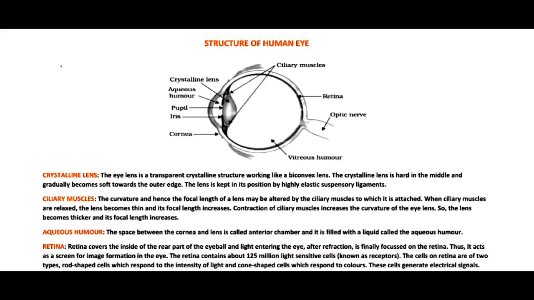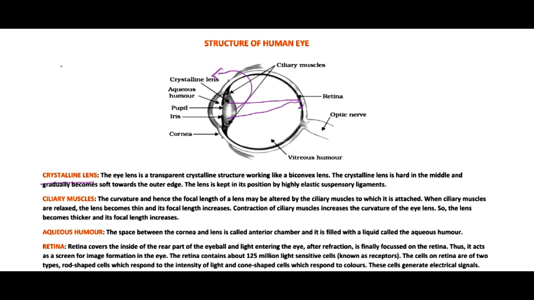The next part of the human eye is the crystalline lens. Now you can see here it is the crystalline lens. It is a biconvex lens which is responsible to converge the light rays from the lens to the retina. It focuses the light rays onto the retina.